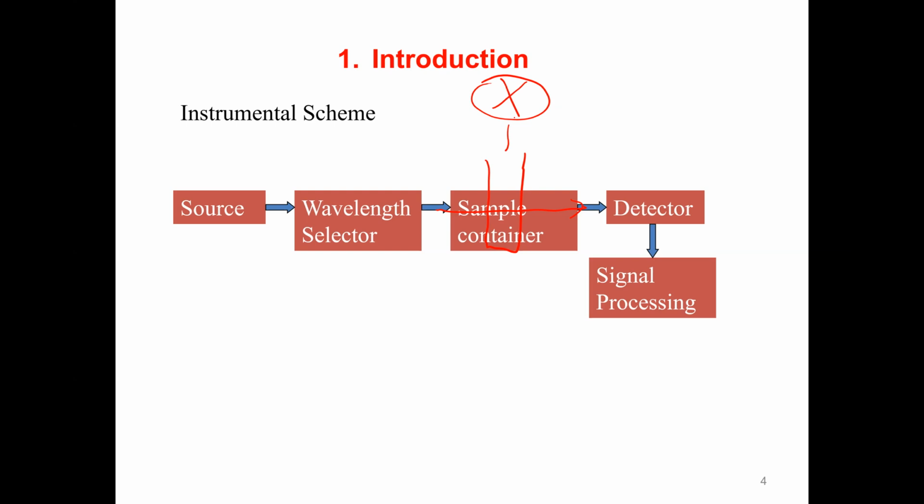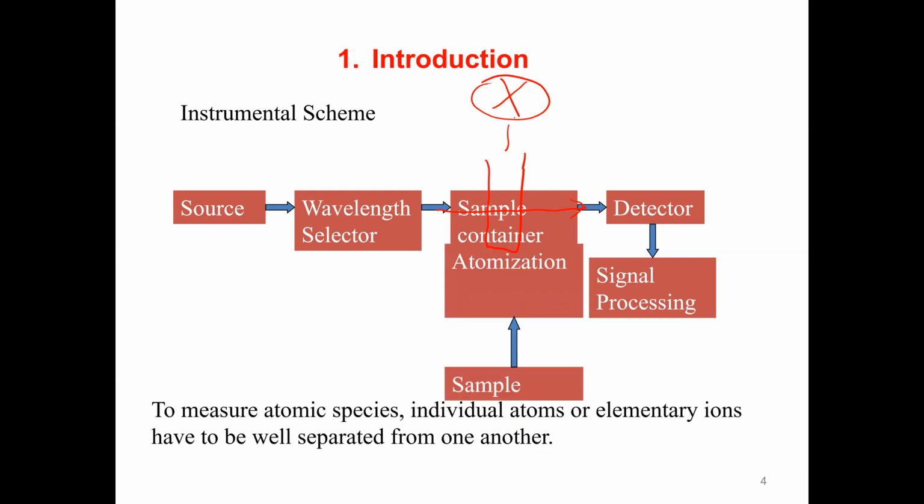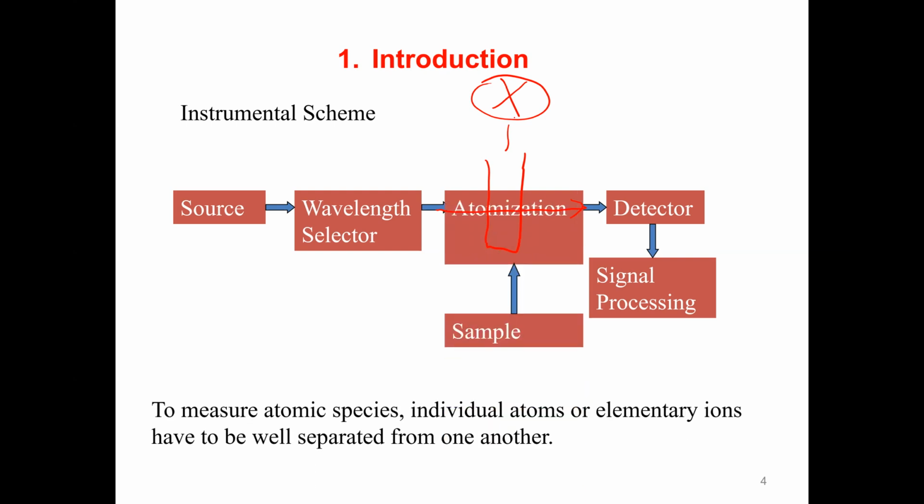However, for atomic spectroscopy, you cannot directly put the cuvette here because you must change the sample from liquid or solid into individual atoms, right? So that's why we have another setup. We need the atomization setup.